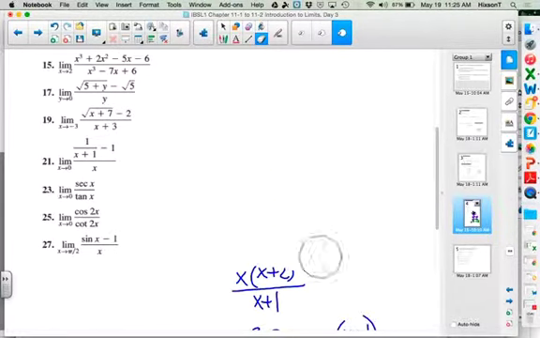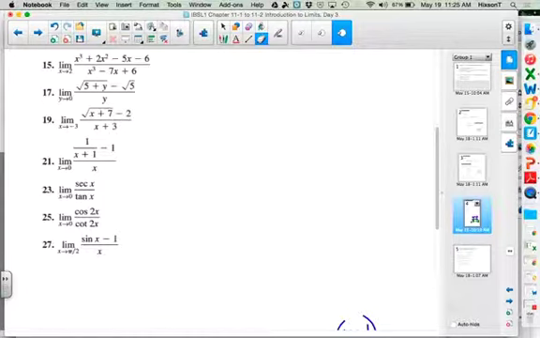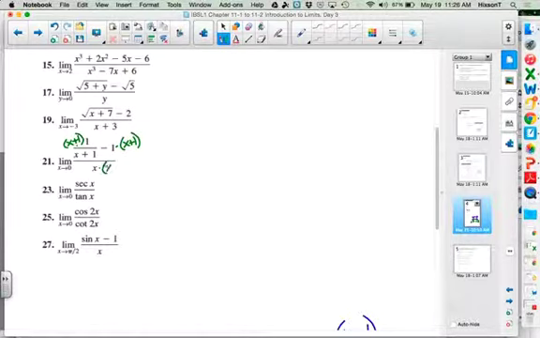When you have a complex fraction like this, one way of getting rid of it is to look at this denominator and multiply everything by a form of 1, x plus 1 over x plus 1.